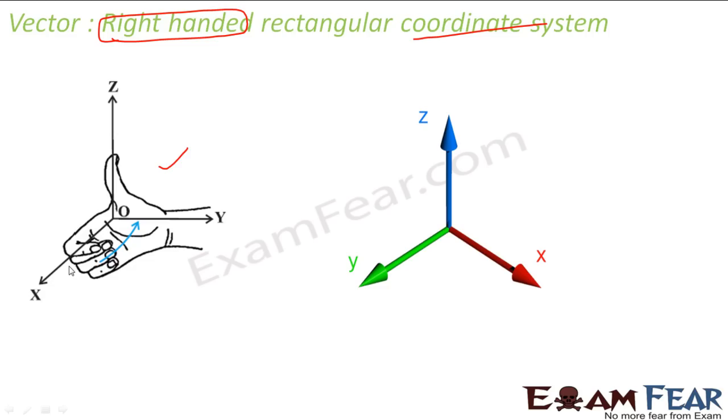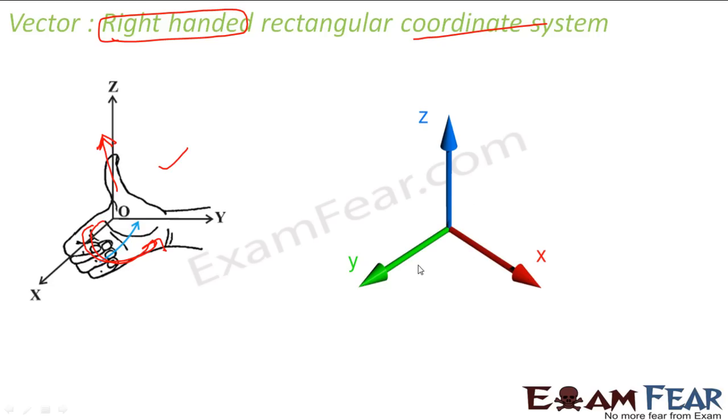Fold your palm in this fashion, right? So you move from x to y like this. Your thumb should point to the z direction. Please note, you fold all these four fingers from x to y in this fashion, correct? In this fashion, your thumb should give the direction of z.